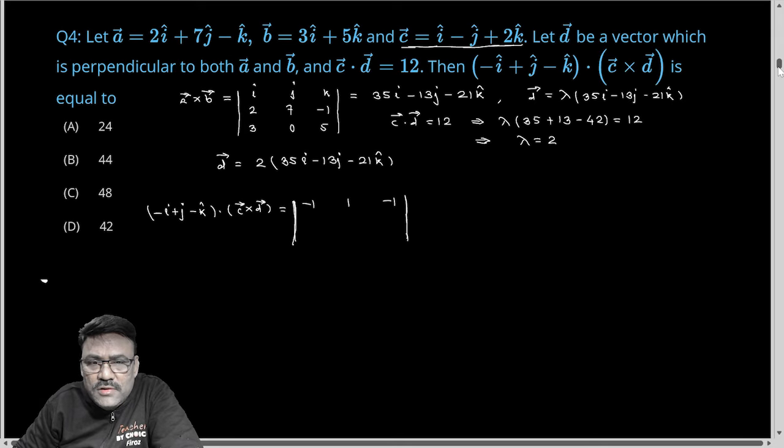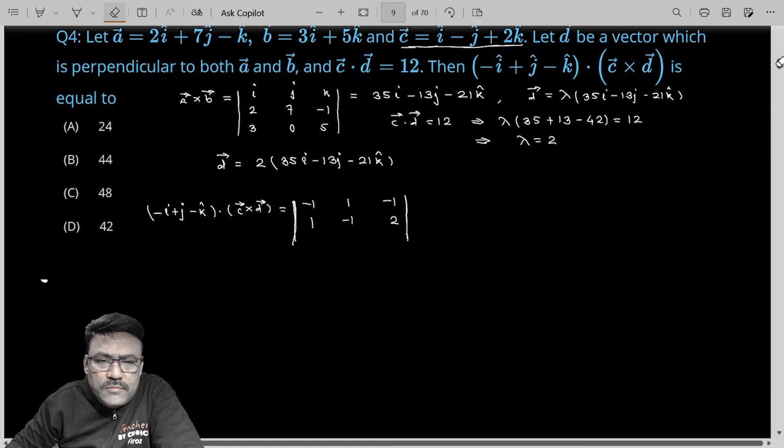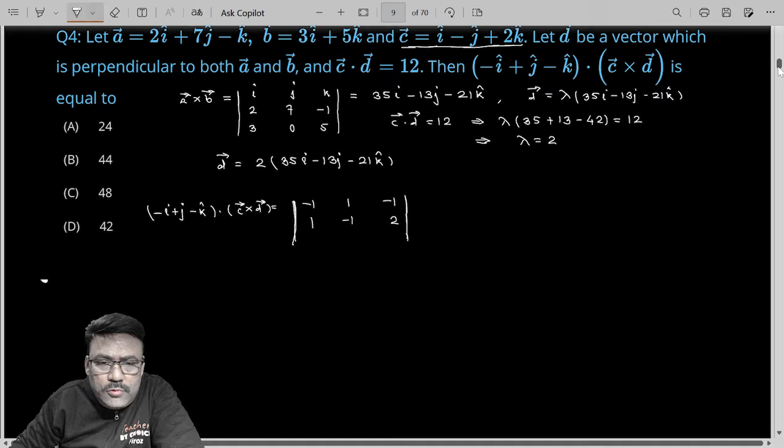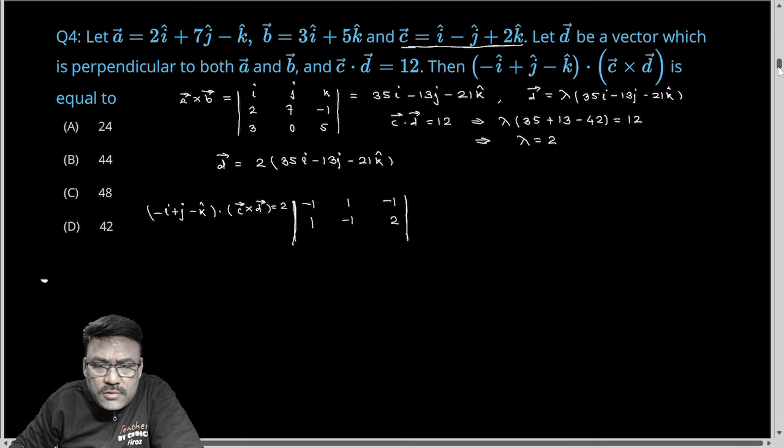Then the C vector, which is 1, minus 1. And then the D vector. D vector is 2 times, so I can take 2 outside. 2 times 35, minus 13, minus 21.